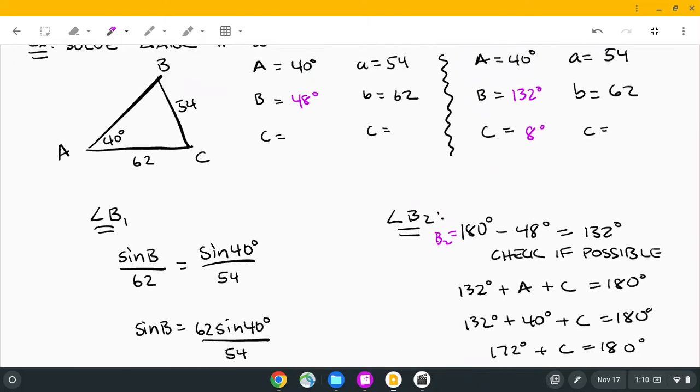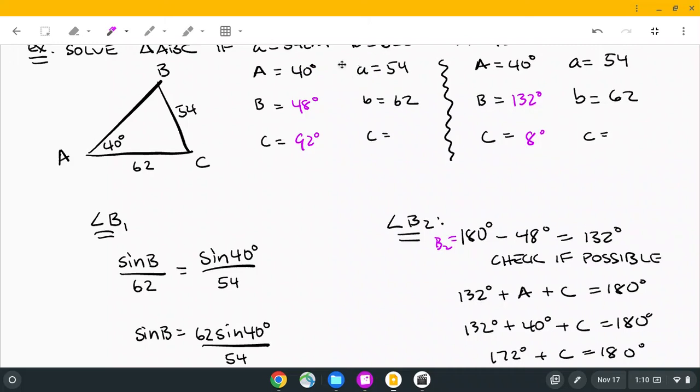And then now, once you have all of this, you can use law of sines over here, and you can also use law of sines over here. Since we found B, and A's are given, I would set up my law of sines using angle A and little a.